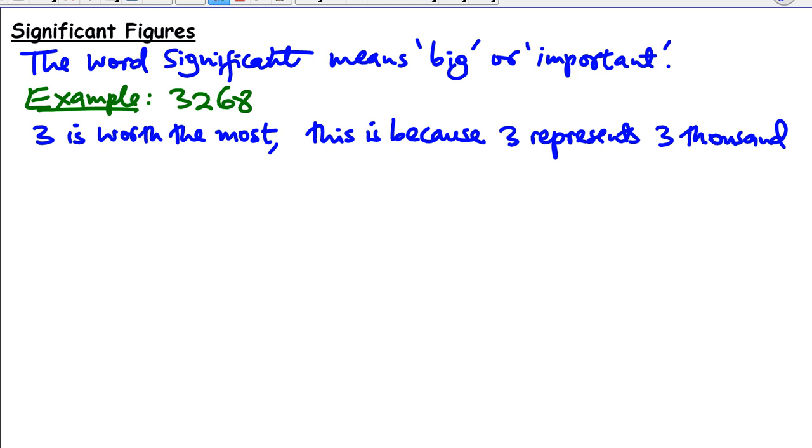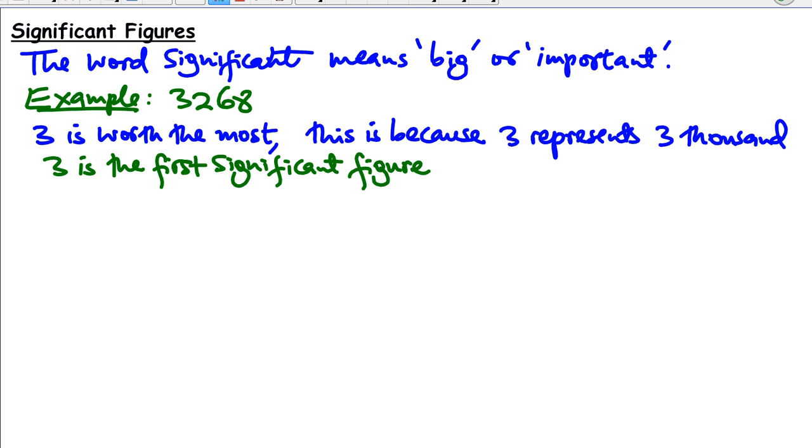So we usually say that 3 is the first significant figure. So 3 is the first significant figure in the number 3268.